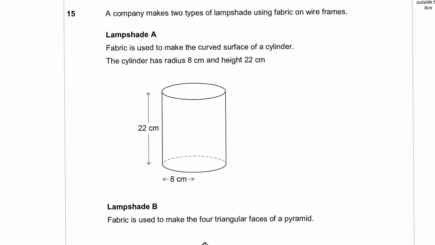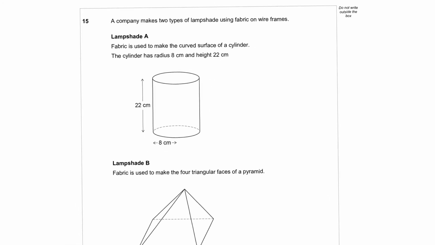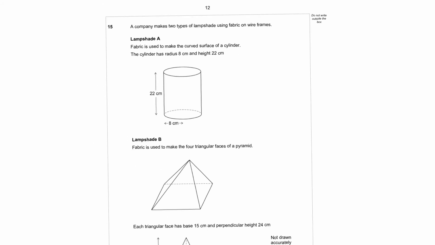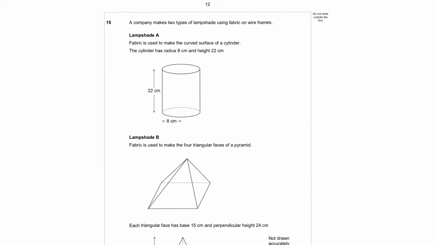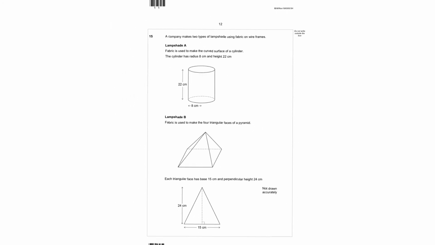Okay, so having a look at question 15, it says a company makes two types of lampshades using fabric on wireframes. So you've got lampshade A, which is fabric used to make the curved surface of a cylinder, and it says the cylinder has a radius of 8 centimeters and a height of 22. Then you've got lampshade B, which makes four triangular faces of a prism, and it says each triangular face has a base of 15 centimeters and perpendicular height of 24, which is shown on the 2D surface here.